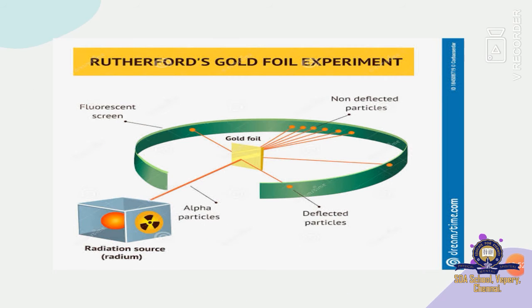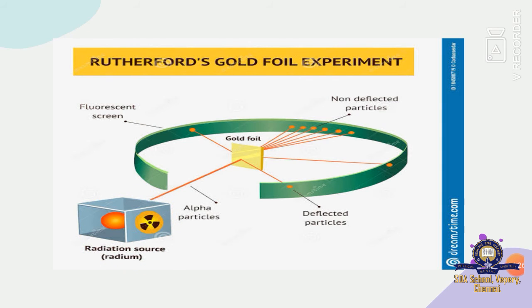So here you can see the Rutherford alpha particle scattering experiment, which is also called Rutherford's gold foil experiment. Here in this experiment he used gold foil. So he bombarded alpha particle with gold foil, and this alpha particle emits from radioactive substance like radium, polonium, etc.